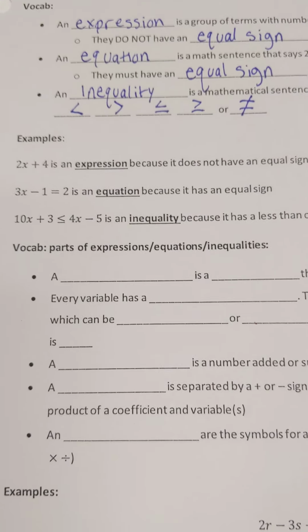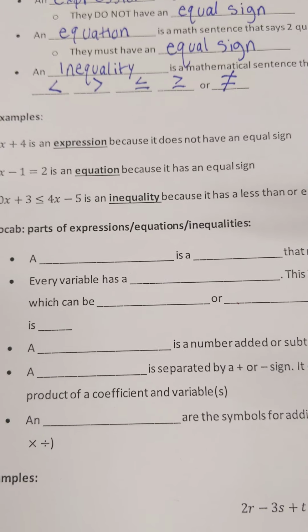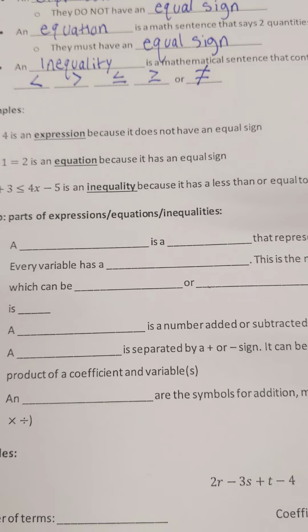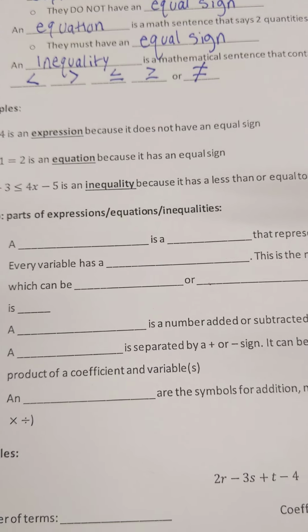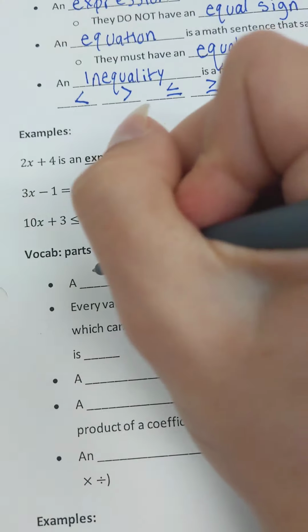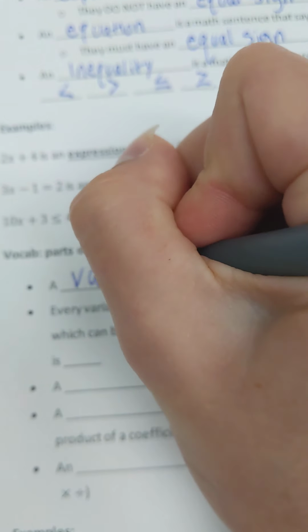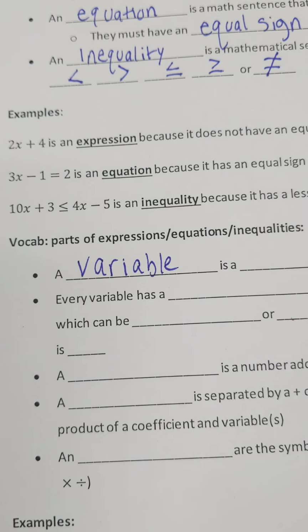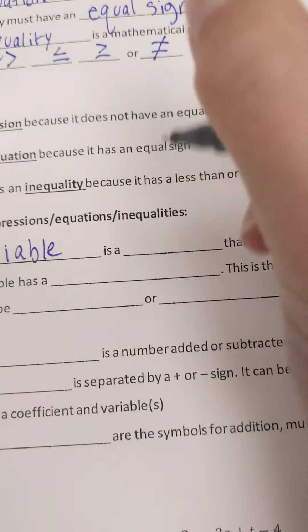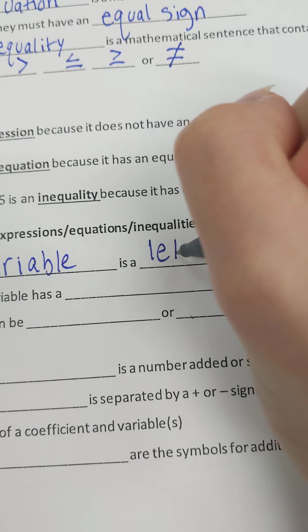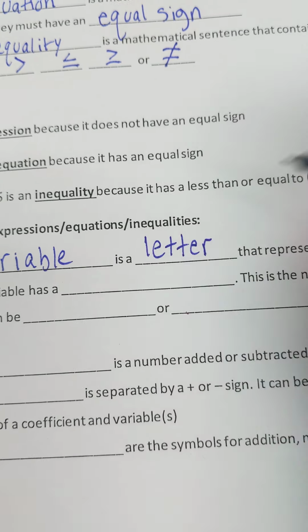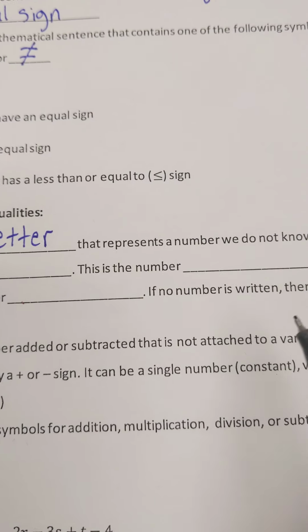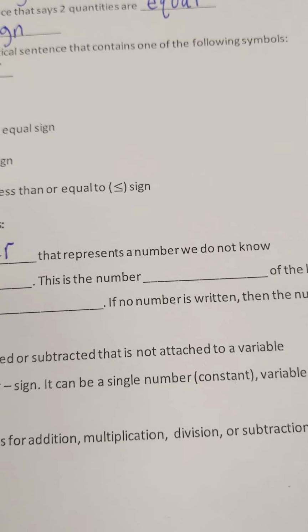All right, now we're going to move on to the parts of an expression, equation, and inequality. A variable is a letter that represents a number we don't know.